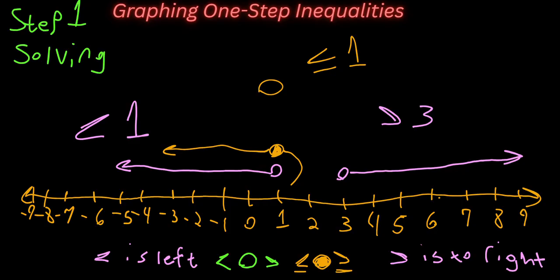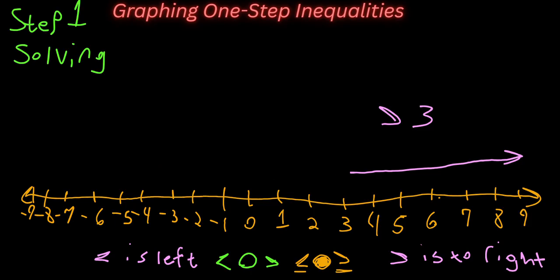So less than or equal to or greater than or equal to gets filled in. Whereas when it's not an equal to sign under there, it does not get filled in. Okay, so that's some of the key points with graphing this visually. So let's work through a few examples.